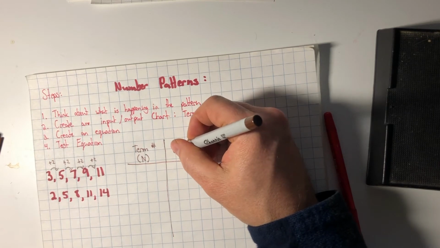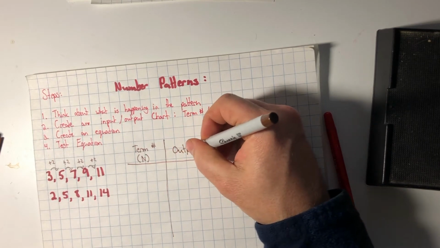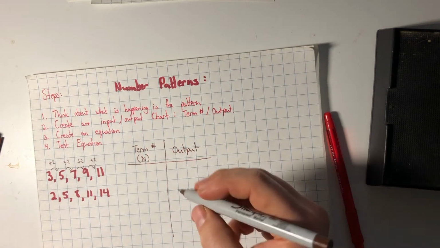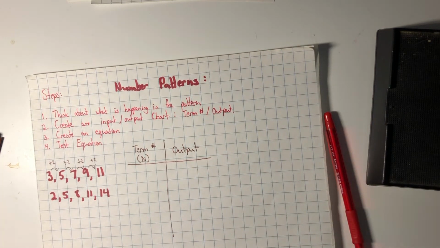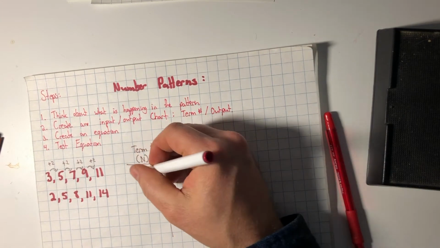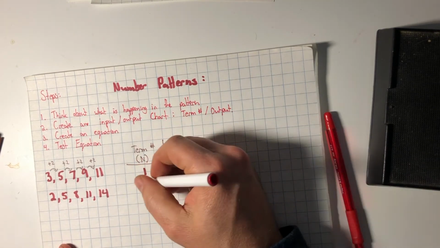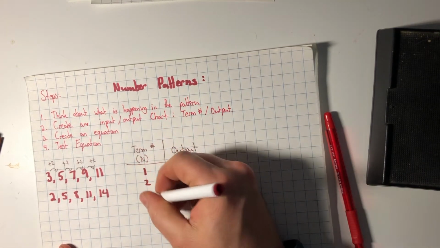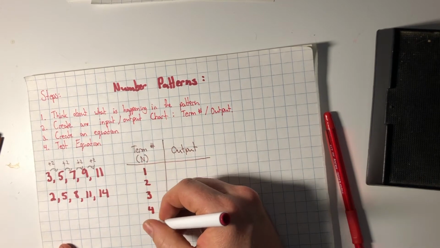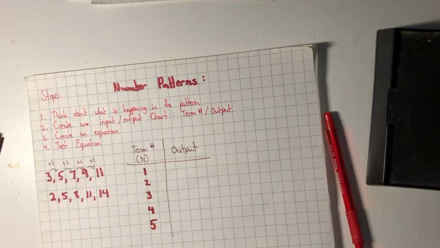The other part of the chart is our output. Our output is whatever the answer is at that stage of the number pattern. So we have the term number, which is stage 1, 2, 3, 4, and 5, as far as our pattern goes.